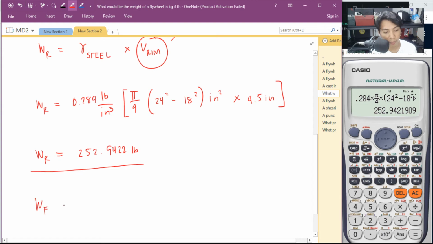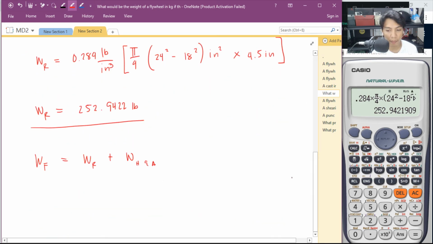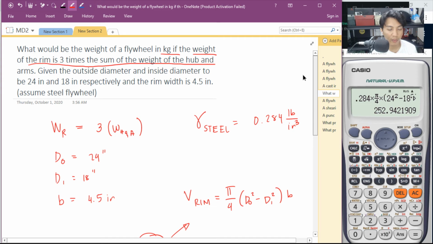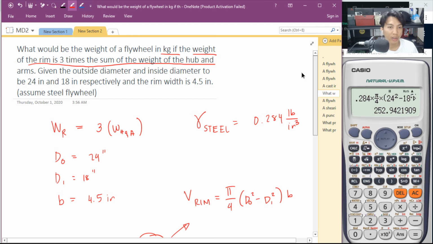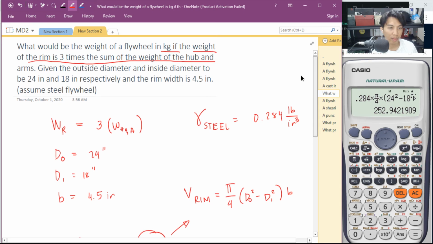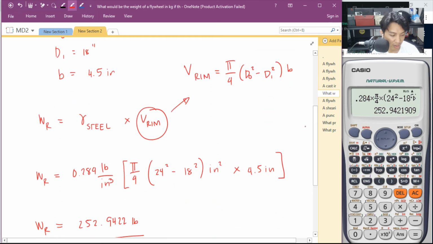So the weight of the flywheel is equal to the weight of the rim plus the weight of the hub and arms. The ratio was given: the rim is three times the sum of the weight of the hub and arms. I think we have a misconception here. So the hub and arms is 1/3 of the rim.